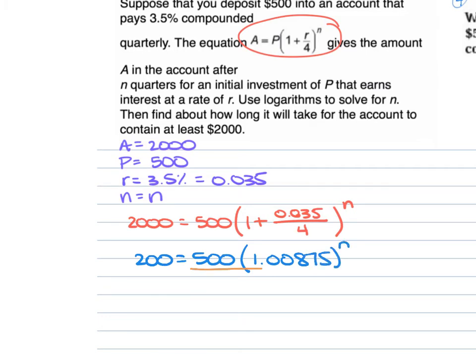So from here, we can divide each side by the 500. Oops, this is 2,000, not 200. So 5 goes into 2,000 four times, which is equal to 1.00875 to the power of n. From here, we can take the log of both sides.